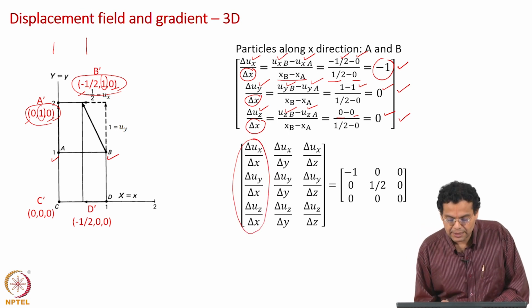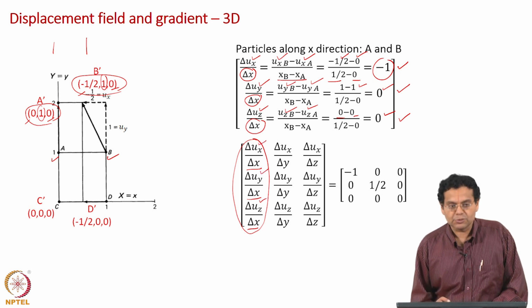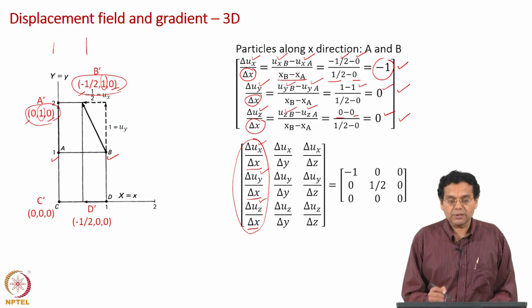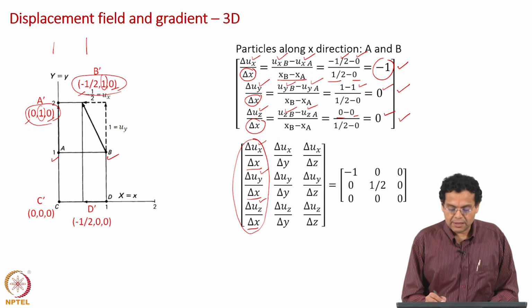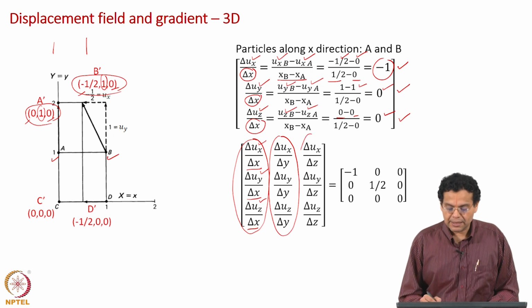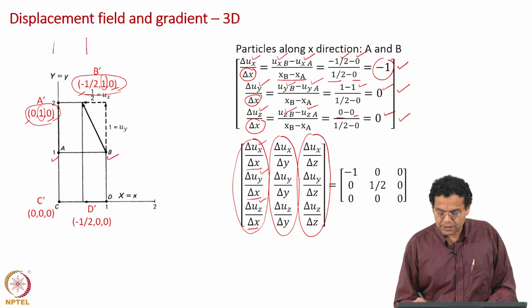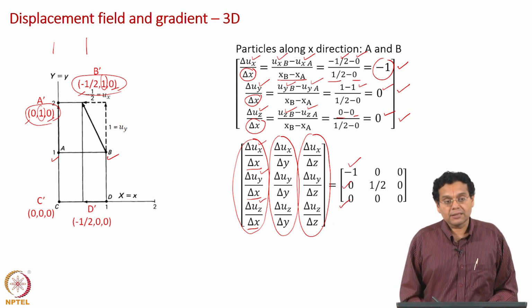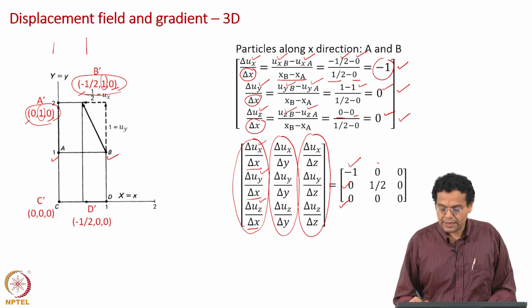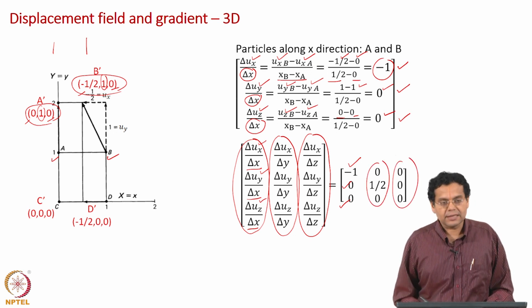Okay, look at this delta x, delta x, delta x, numerator is delta ux, delta uy, delta uz. So, all of them have been put in one column. So, if you consider particles along y axis, you will get these entries. If you get particles along z axis, you will get these entries. Now, I filled up these entries 1, minus 1, 0 and then 0.